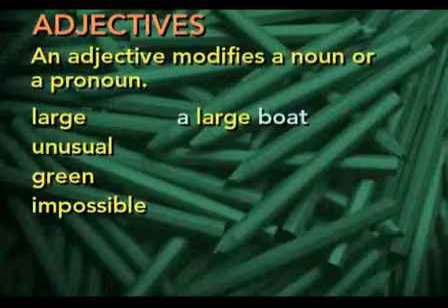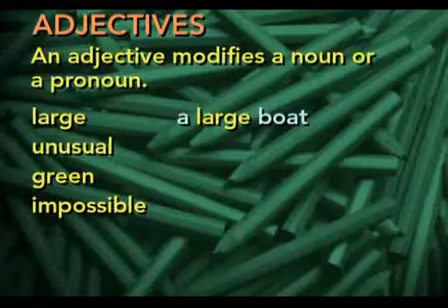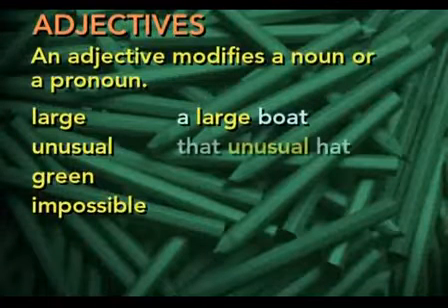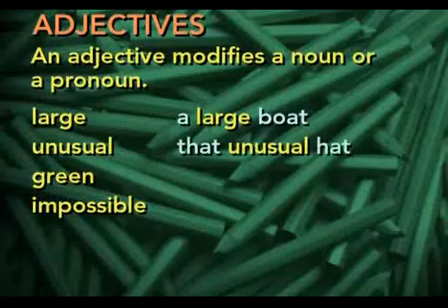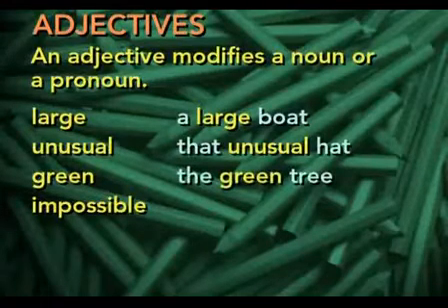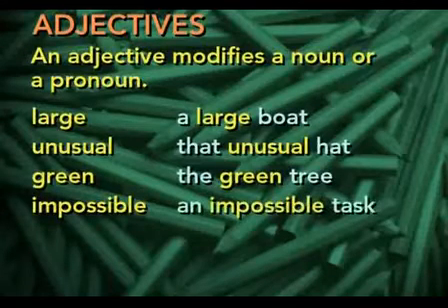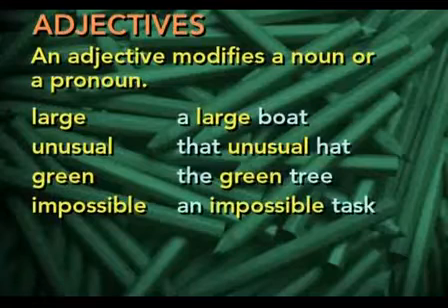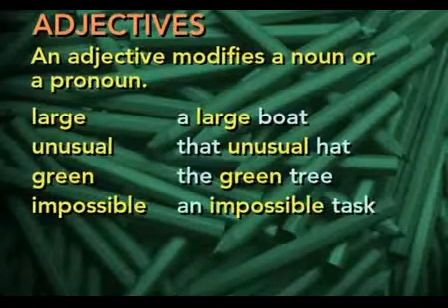In the same way, the adjective unusual would give more information about the noun hat, in a phrase like that unusual hat. The green tree, the adjective green gives more information about the tree. And an impossible task, the adjective impossible gives more information about, or explains something more about, the noun task.